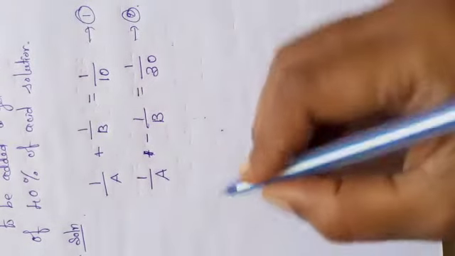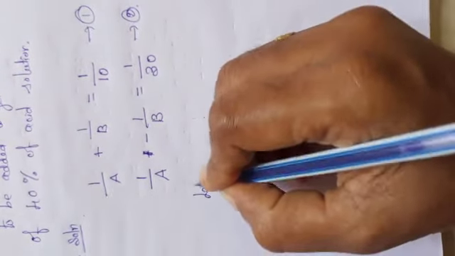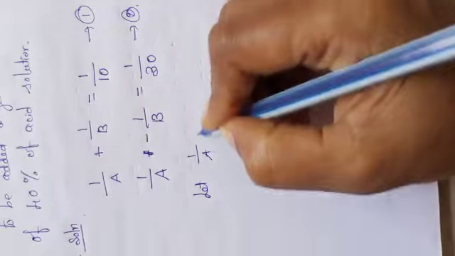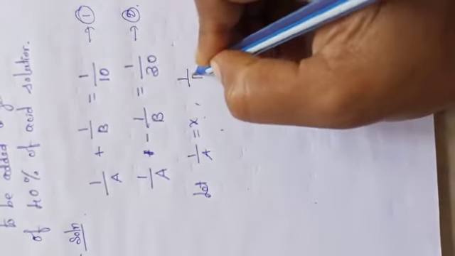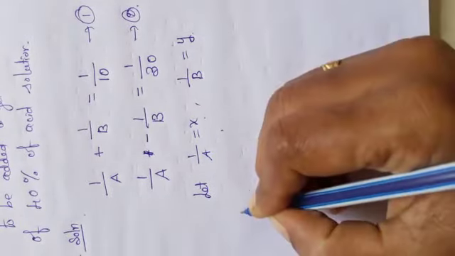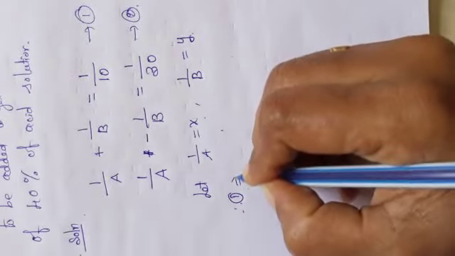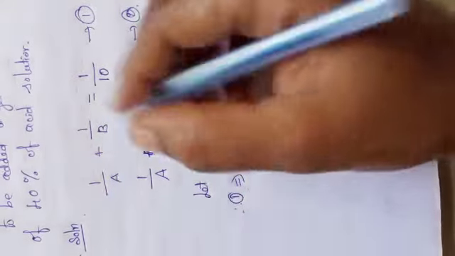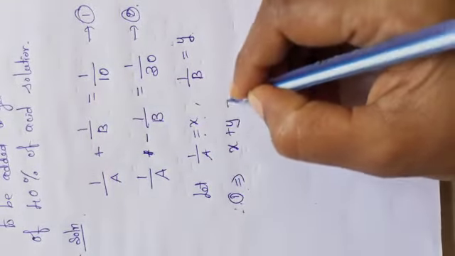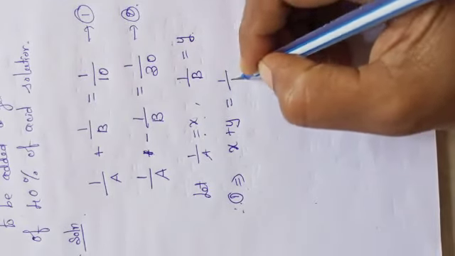Since it is 1 by A and 1 by B, we can give a name. Let 1 by A equal to X and 1 by B equal to Y. Therefore, equation 1 implies X plus Y is equal to 1 by 10.